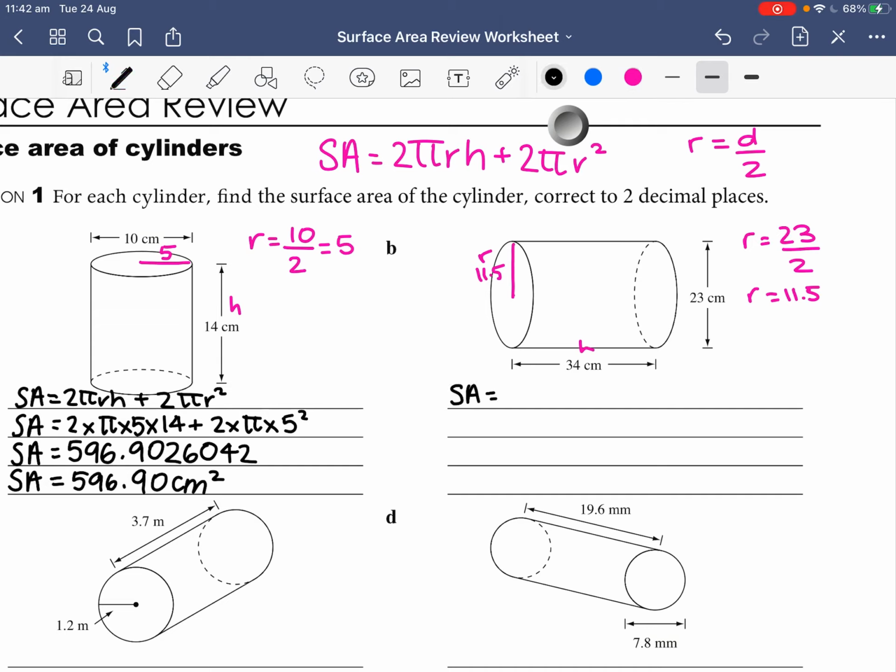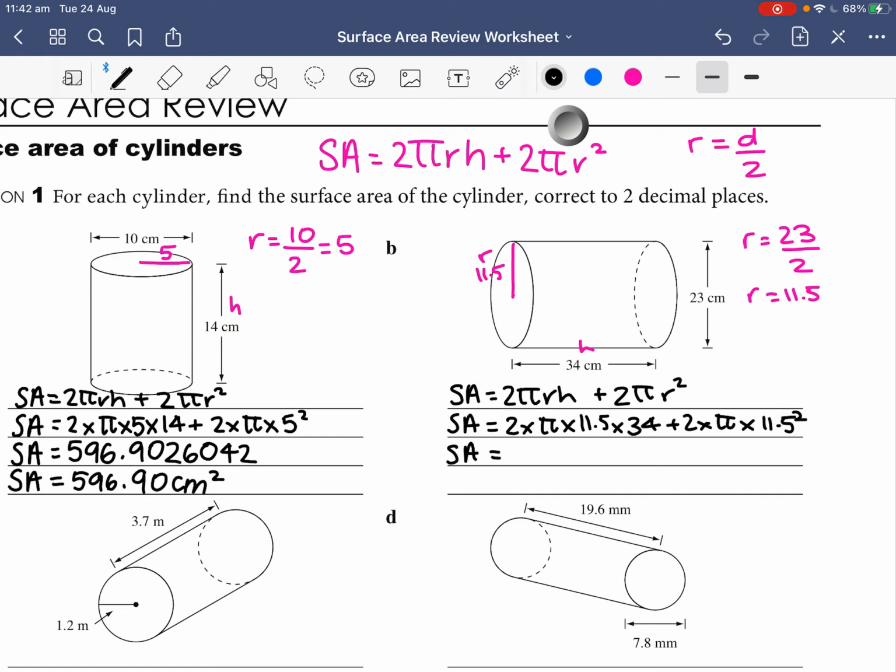So our formula is surface area equals 2 pi rh plus 2 pi r squared. So surface area equals 2 times pi times 11.5 times 34 plus 2 times pi times 11.5 squared.